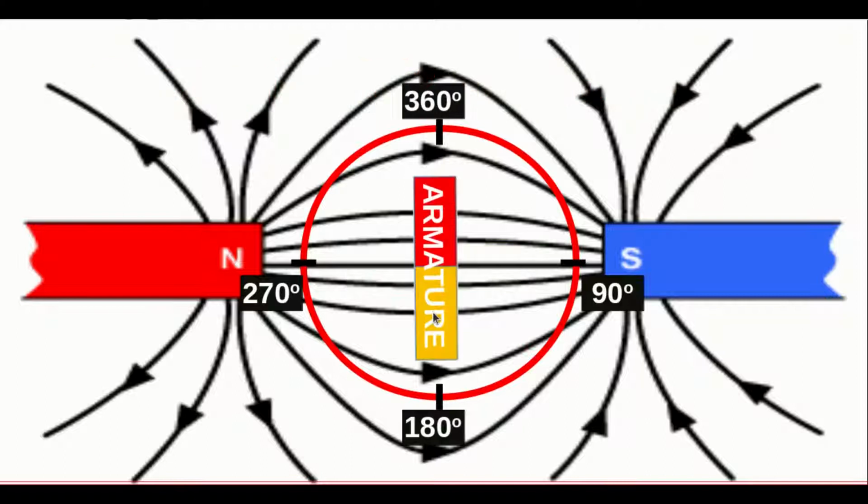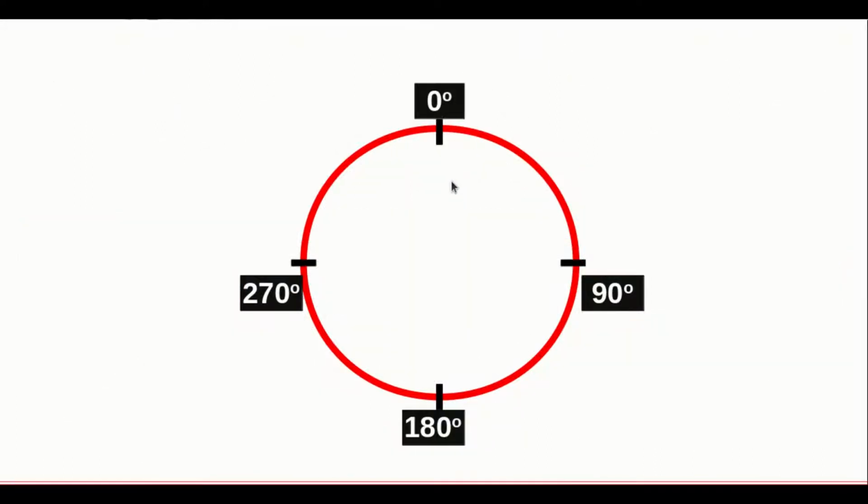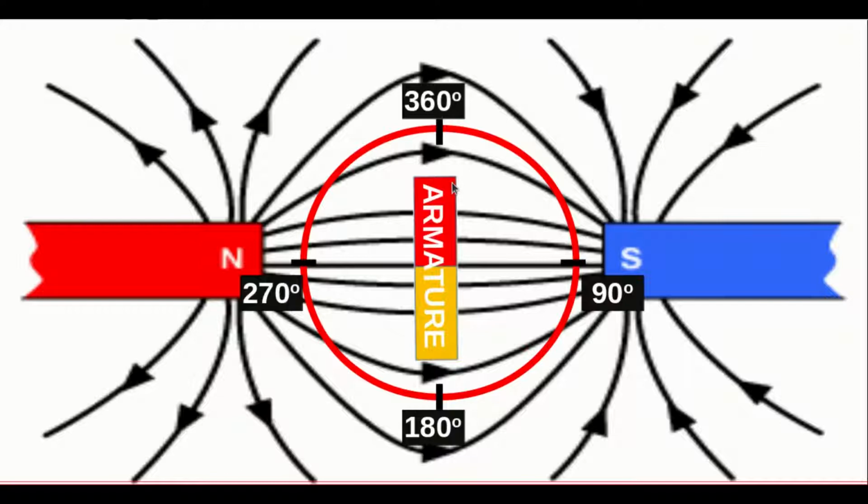Then again it rotates 360 degrees. That one full cycle is completed. Now the red part of the armature again comes to the same position. Then the EMF developed is again zero, because both ends of the armature coil lie at a low flux density area.